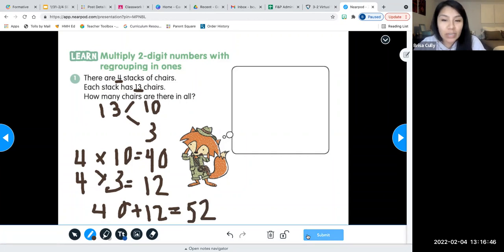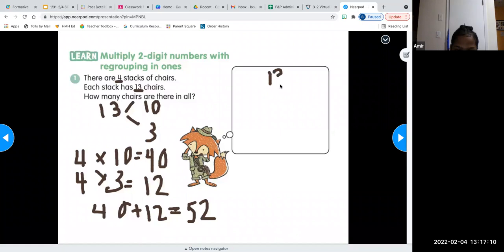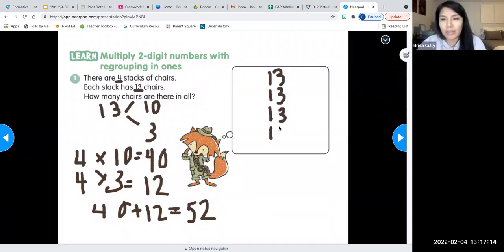So we can break apart our number. And then I know Amir, what was the way that you used yesterday to find out 4 stacks of 13 chairs was equal to 52? You did it a little bit differently. So what I did was I put 13 4 times, like this, with the plus sign.